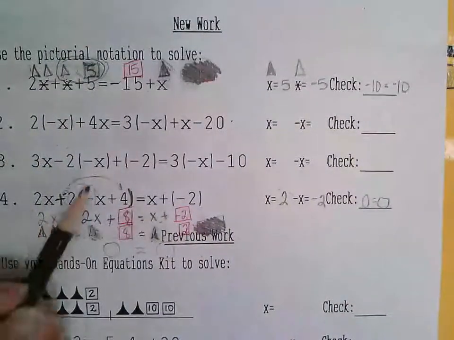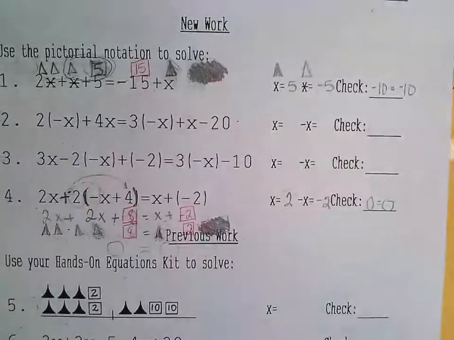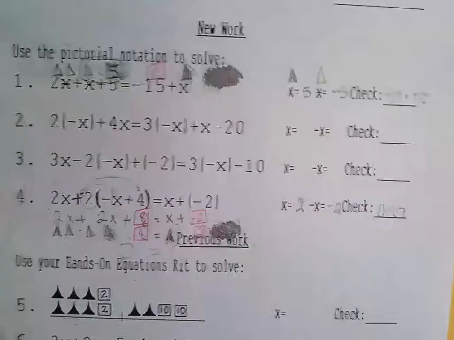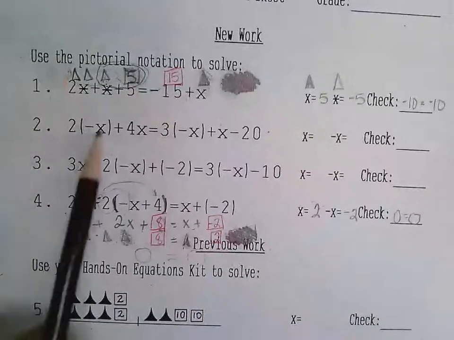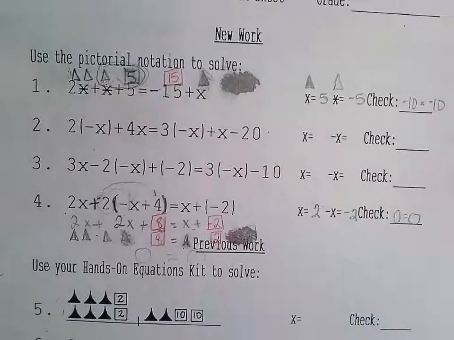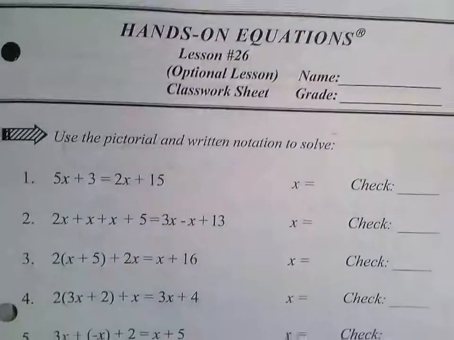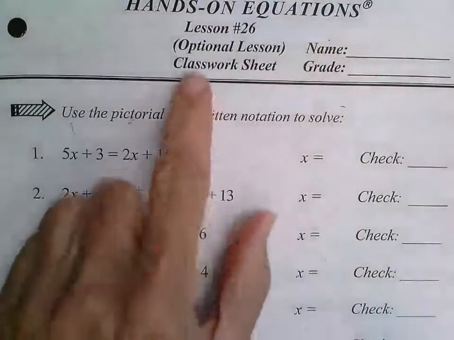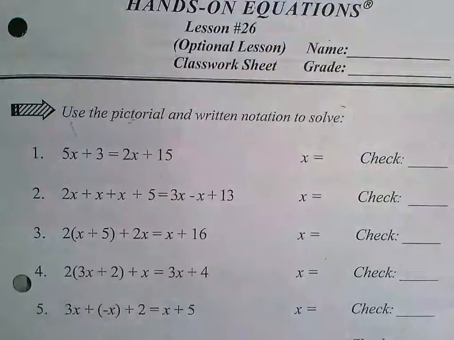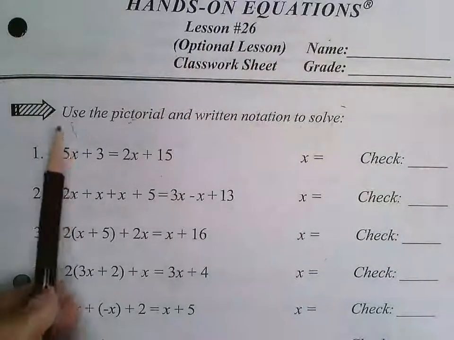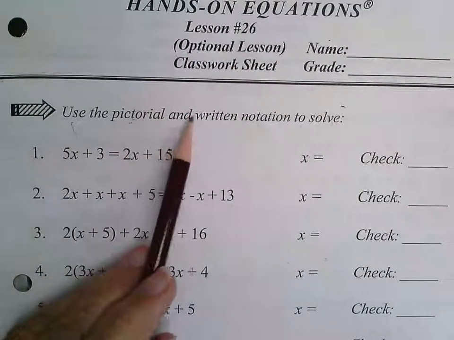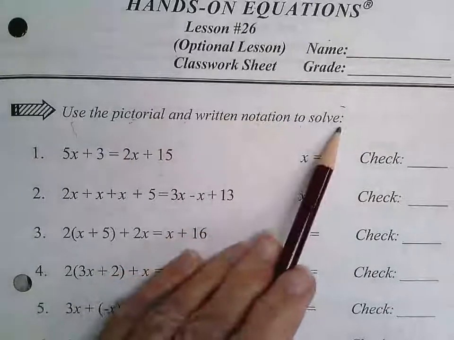You would do the other ones the same way by drawing. That's what pictorial notation means. Now, the last assignment you have, it says optional lesson up here, so you'll have to ask Ms. Molly if you need to do this one. And it says use the pictorial and written notation to solve.